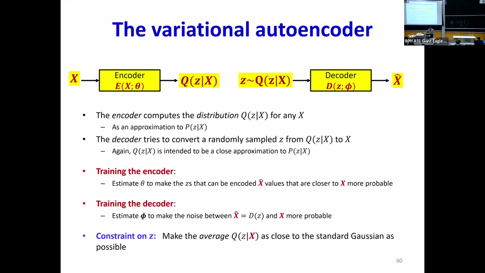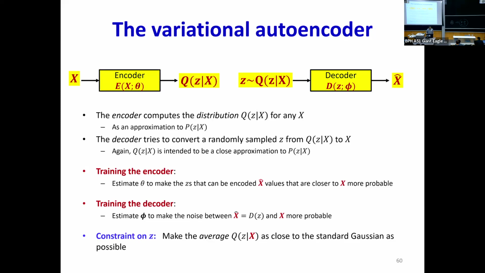And so here is the overall training process. The encoder computes the distribution Q of Z given X for any X, which is an approximation to P of Z given X. The decoder tries to convert samples from this Q of Z given X back to the X for each training instance X. When you train the encoder, we want to estimate the theta such that the Z's drawn from this Q, when converted by the decoder, are as close to X as possible.